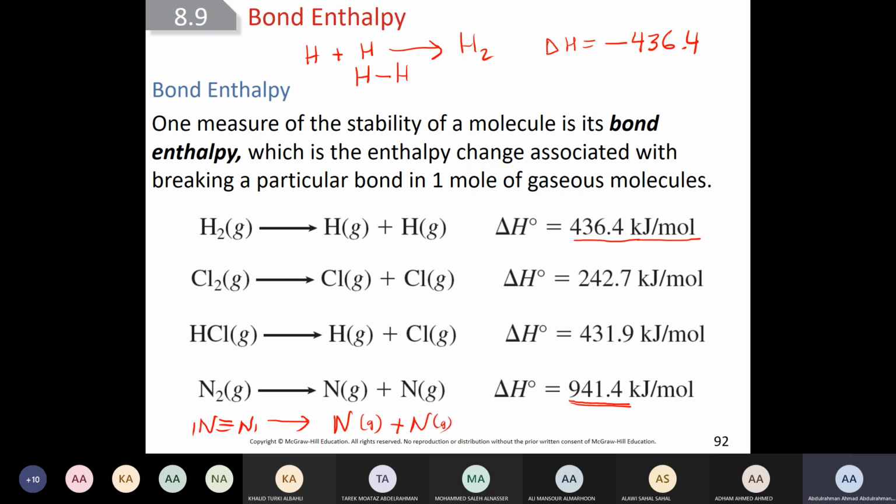Okay, if I have N double bond N, what do you expect the delta H will be? Is it going to be 941? Less than 941, definitely. Is it going to be more? No. Good.